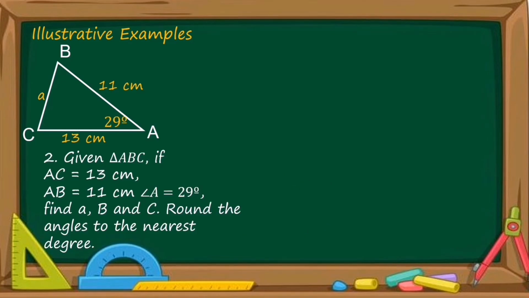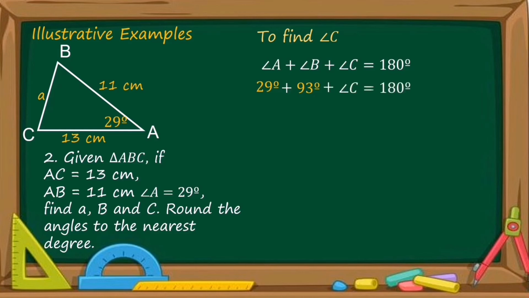Lastly, let us find the measure of angle C. But this time, since we have already the measure of the two angles, let us use the Angle Sum Theorem. That is angle A plus angle B plus angle C is equal to 180 degrees. Substitute the values. Angle A is 29 degrees, angle B is 93 degrees, plus angle C is equal to 180 degrees.